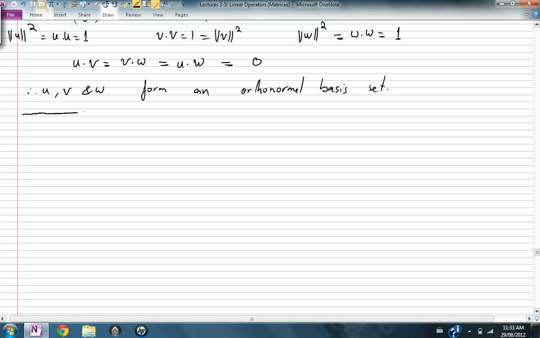In order to do this, we need a translation matrix, a matrix to do the translation between the two vector spaces.